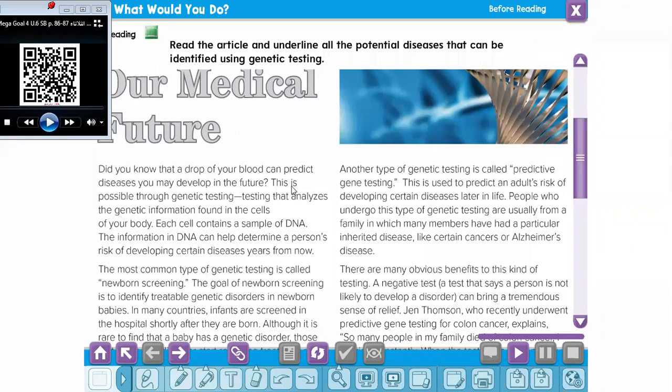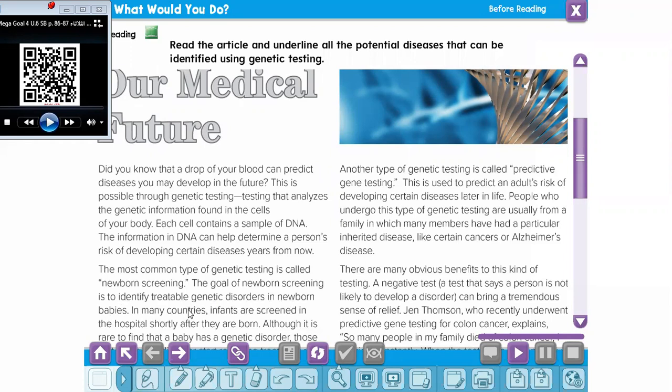This is possible through genetic testing. Testing analyzes the genetic information found in the cells of your body. Each cell contains a sample of DNA. The information in DNA can help determine a person's risk of developing certain diseases years from now. The most common type of genetic testing is called newborn screening. The goal of newborn screening is to identify heritable genetic disorders in newborn babies.